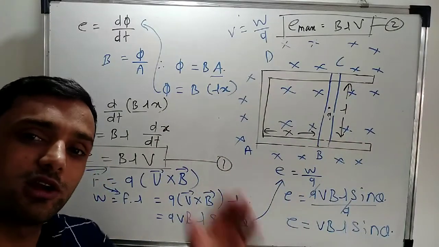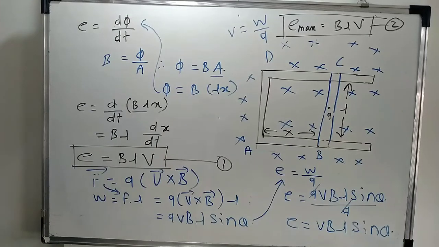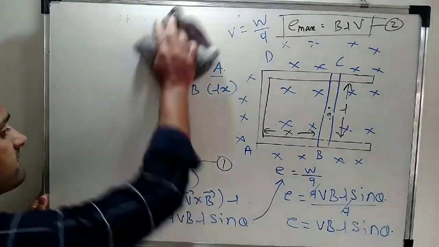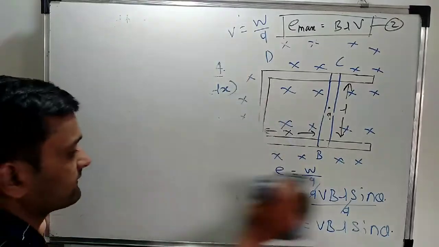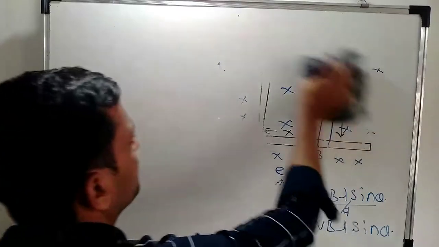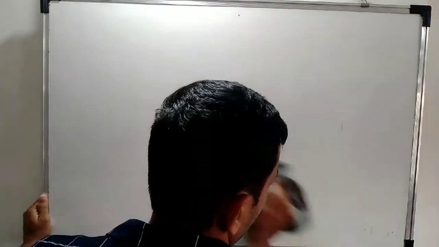What will happen if the conductor is rotating in the uniform magnetic field? This is the next case. What about the next situation? It is the rotational motion of the conductor.